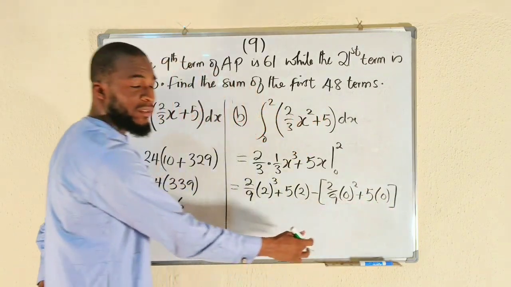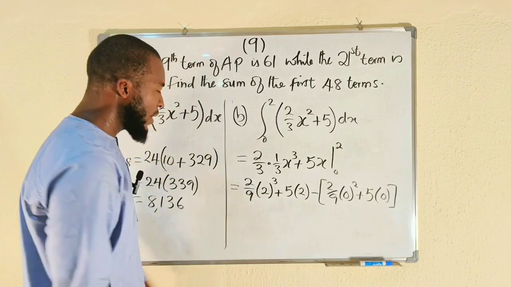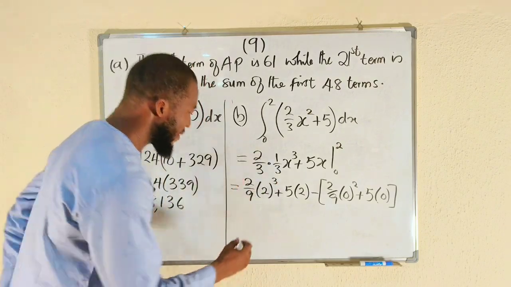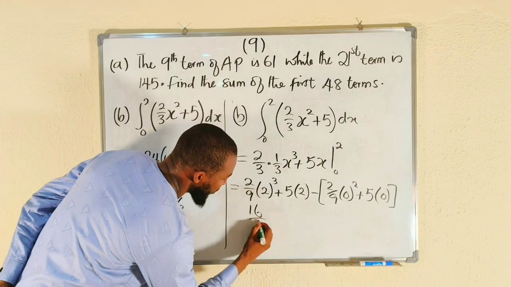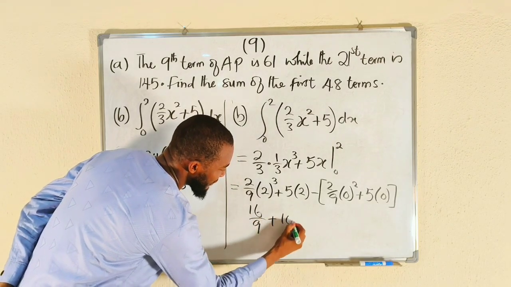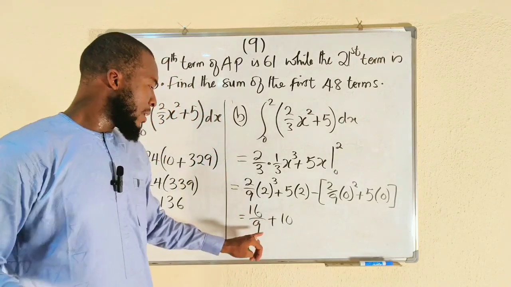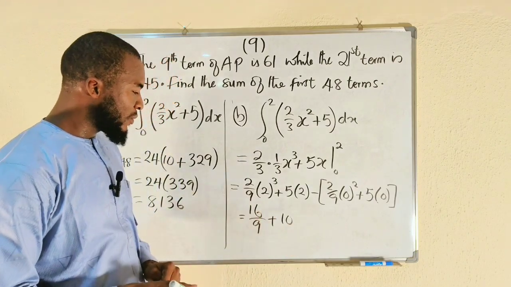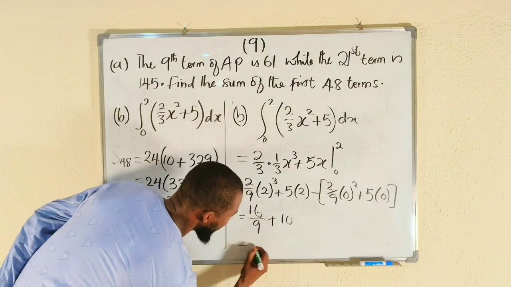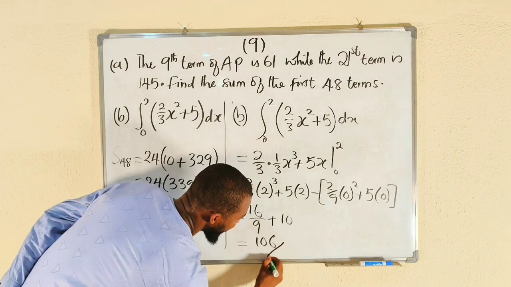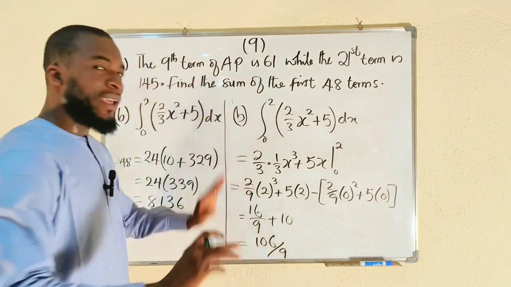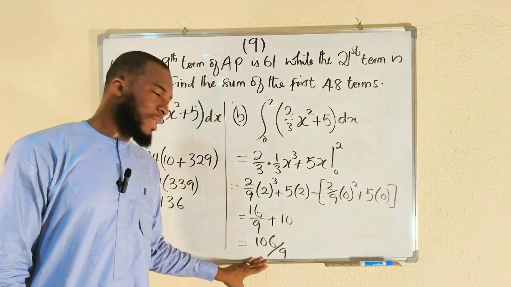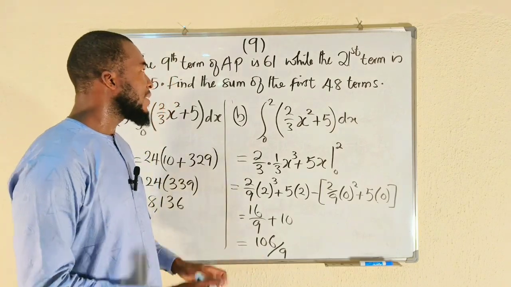The whole of this will give us 0. So let us pay attention to the first one. 2 to the power of 3 is 8, 8 times 2 is 16, divided by 9, plus 10. 9 times 10 is 90, plus 16 is 106. So this is 106 divided by 9. Final answer: 106 divided by 9. As simple as that.